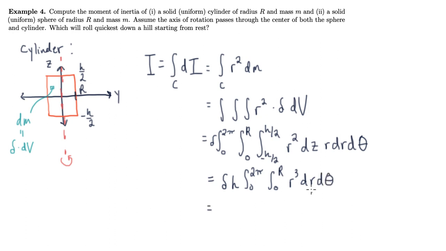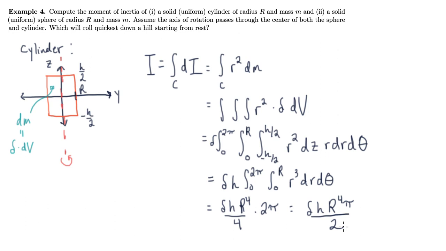And we can do this pretty quickly. So this is going to give me a capital R to the fourth over 4. So delta H R to the fourth over 4. And then I'm just integrating d theta from 0 to 2 pi, so that's just going to give me 2 pi. Or in other words, I have delta H R to the fourth pi divided by 2.